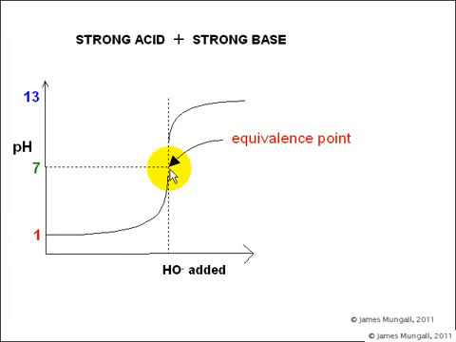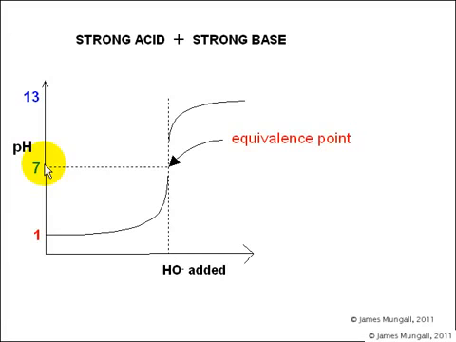At this point, the pH of the solution will be approximately halfway between the original acidic pH of 1 and the final basic pH of 13, and the midpoint of 1 and 13 is 7, which is what we would expect for a solution containing water and some neutral spectator ions.